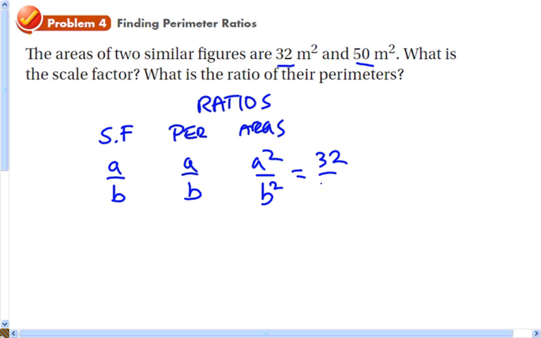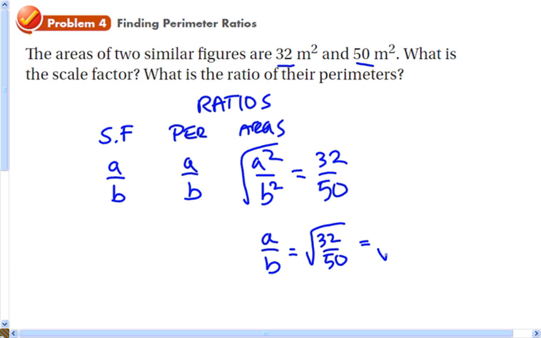Now, to figure out what A is, one way we could do it is just take the positive square root of both sides. And remember, with square roots, you need to do the square root of the numerator and the denominator. So when I take that square root, I get A over B, and that makes sense. A over B times A over B is equal to A squared over B squared. And then I need to do the square root of 32 over 50.